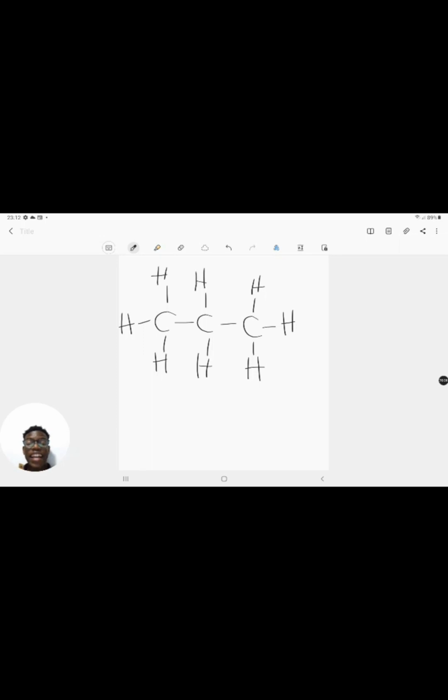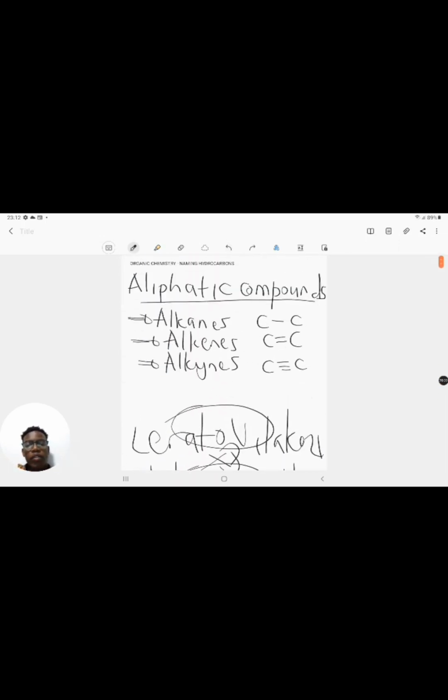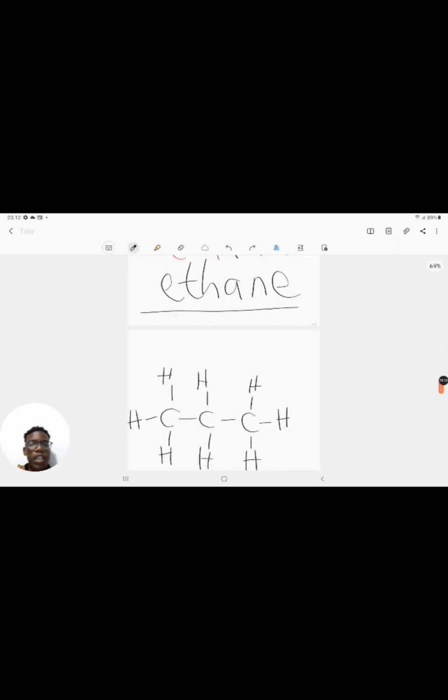Is it an alkane, alkene, or an alkyne? All the bonds in this compound are single bonds. If you go back to the first page, a single bond means they are alkanes. So that falls under the alkanes.